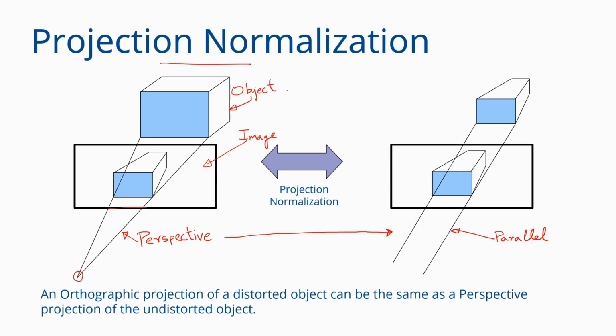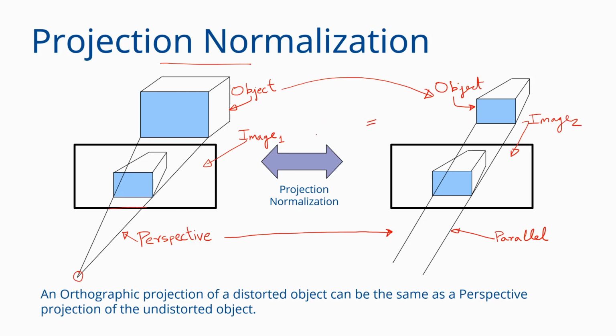Now, here is the magic that happens. If I apply the same transformation to the object contained inside the view frustum, and I form its image under this new parallel projection, let me call this image 1 and let me call this image 2.